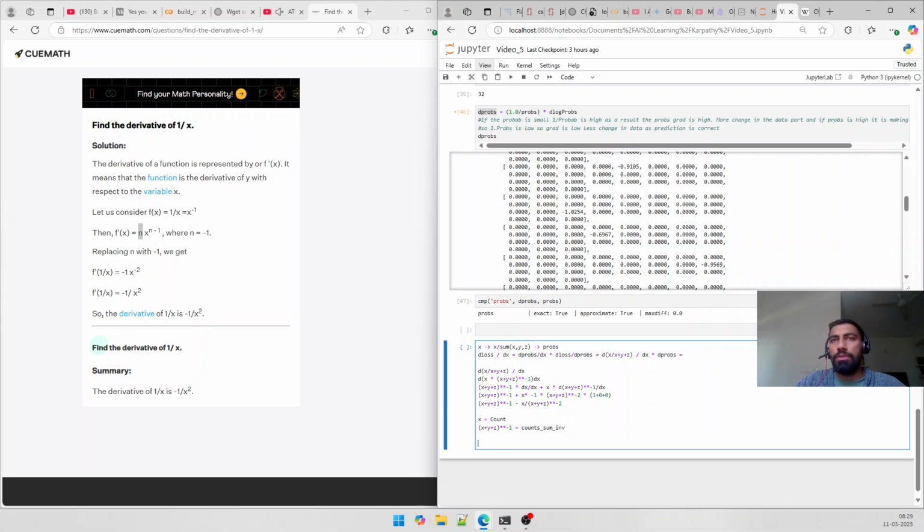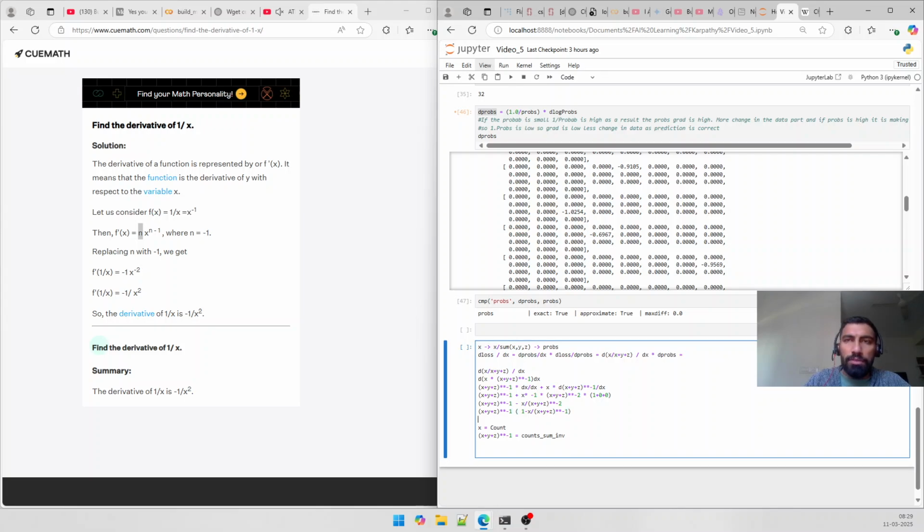I take this as common. It will be 1 minus x by this guy, that will be equal to. So here I can write count sum inverse into 1 minus x is the count.